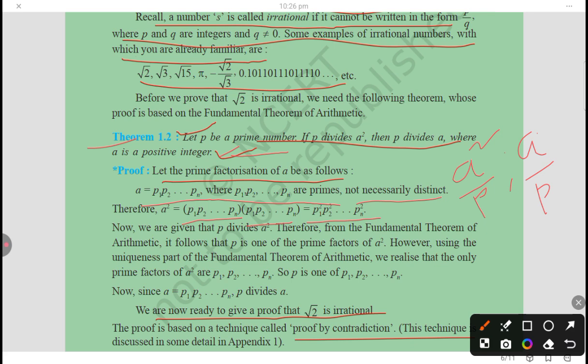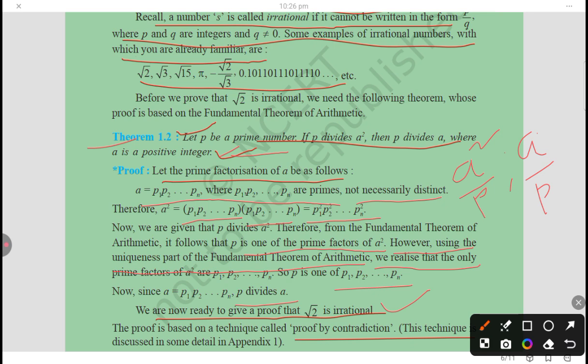Therefore, from the fundamental theorem of arithmetic, it follows that p is one of the prime factors of a square. However, using the uniqueness part of the fundamental theorem, we realize that the only prime factors of a square are p1, p2, up to pn. So p is one of the p1, p2, and so on. Since a equals p1, p2 and so on, and p divides a, we are ready with the proof.